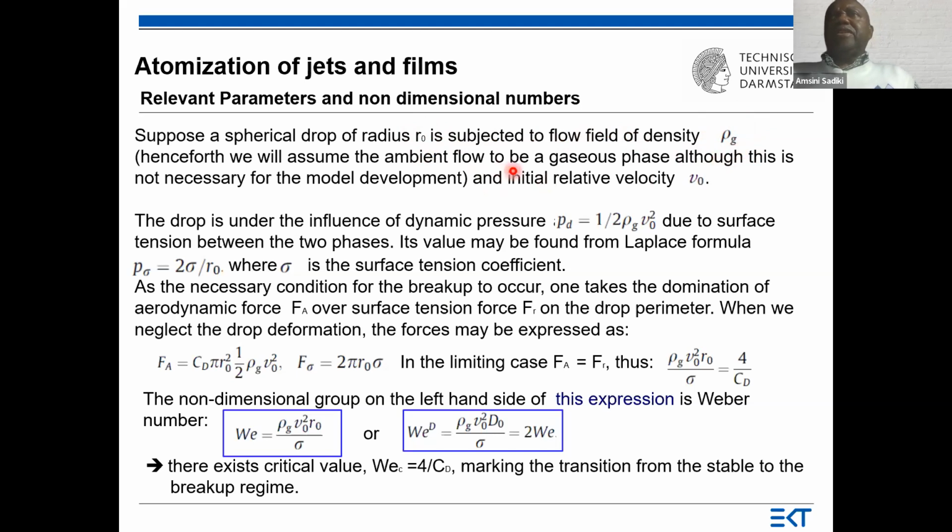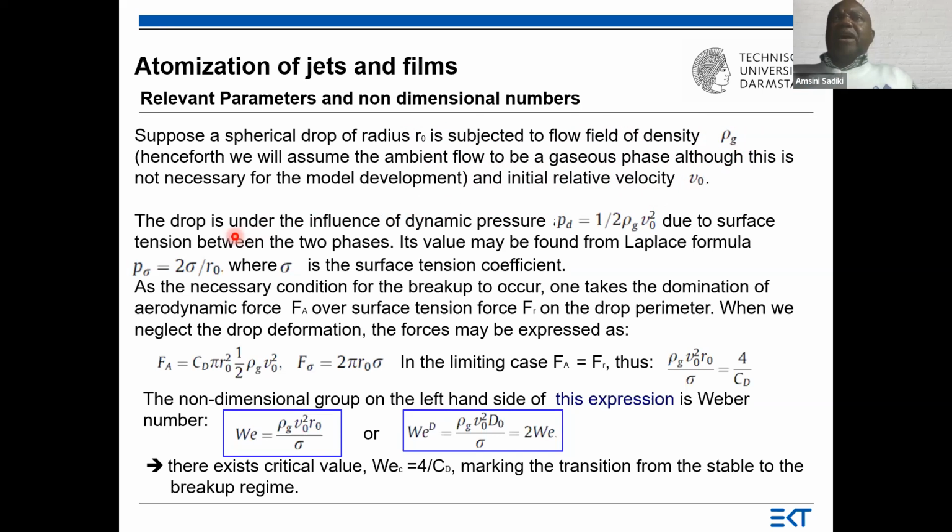We assume that it is gas, but it doesn't change the generality of the results. And the initial relative velocity is this one, the relative velocity between the gas flow, excuse me, and the particle.